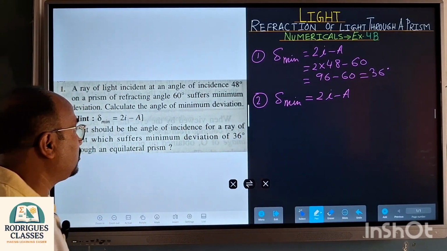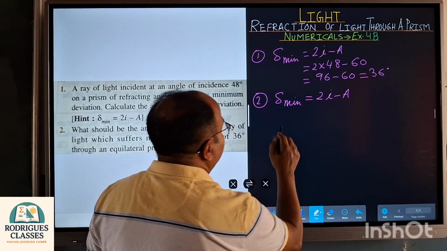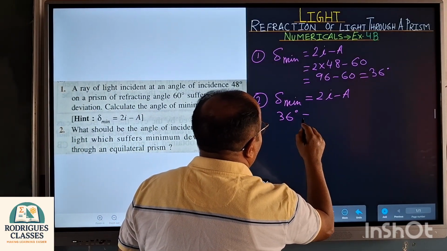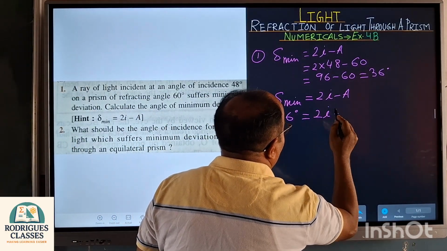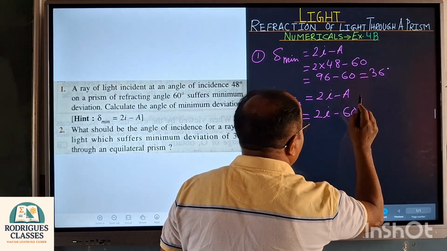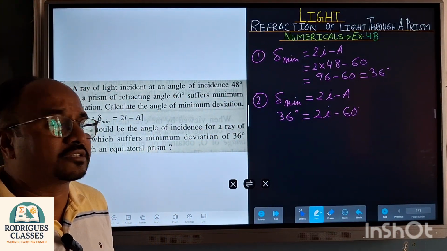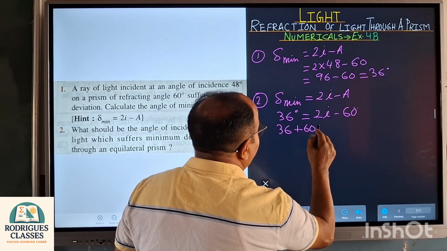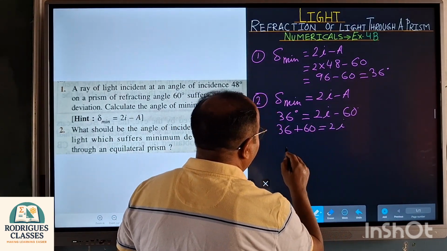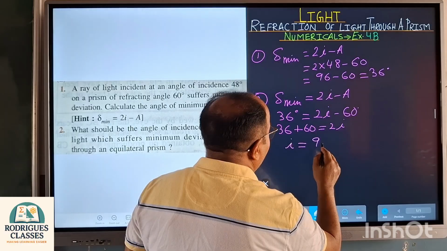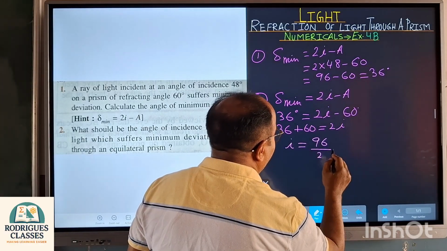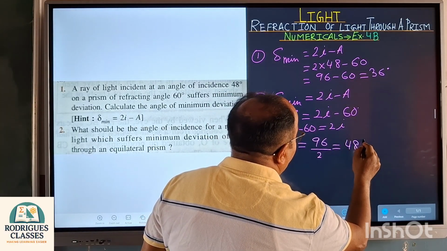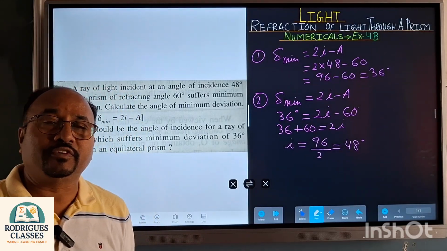Here the angle of minimum deviation is given as 36 degrees. The angle of incidence we have to find, and because it is an equilateral prism, we write here the angle of prism as 60 degrees. So 36 plus 60 is equal to 2i. So i equals 96 by 2 equals 48 degrees. That gives you the angle of incidence.